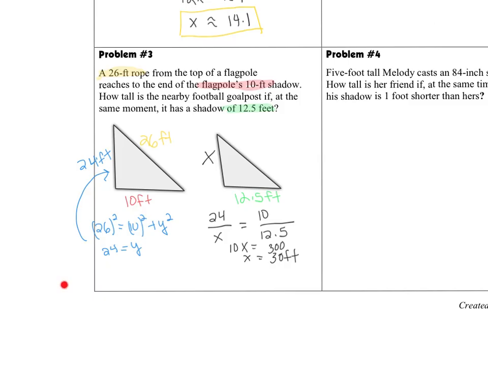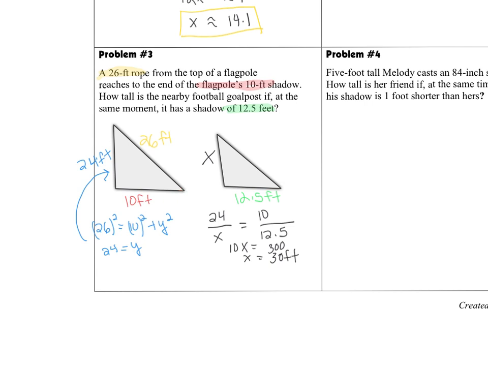In problem number 3, we have a 26 foot rope from the top of a flagpole. It reaches the end of the flagpole's 10-foot shadow. So here's the top, here's the 26-foot rope that reaches the end of the 10-foot shadow.